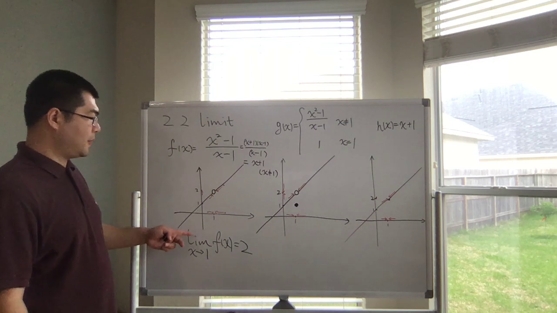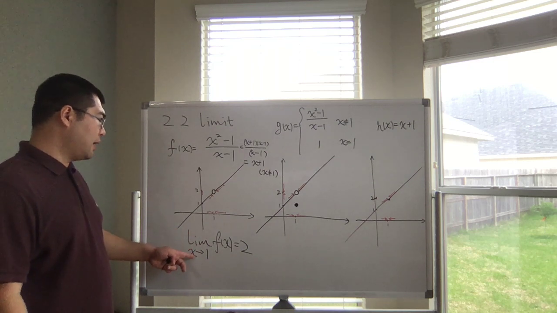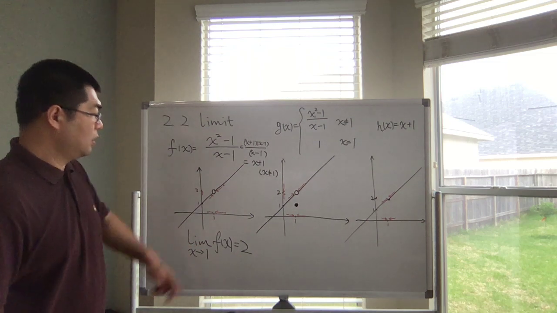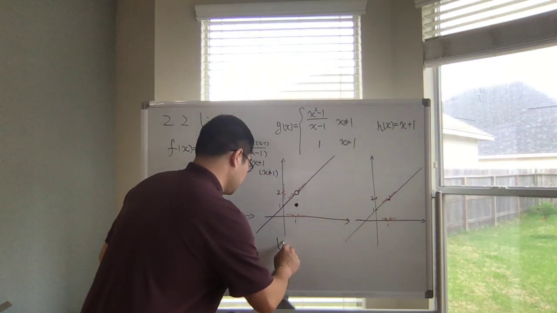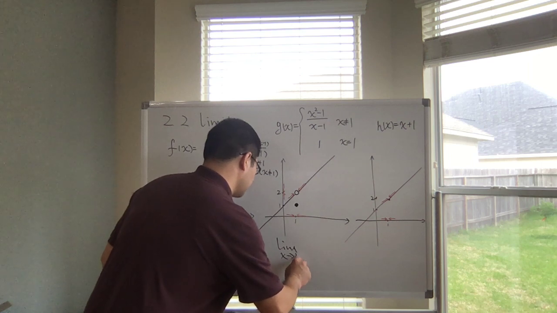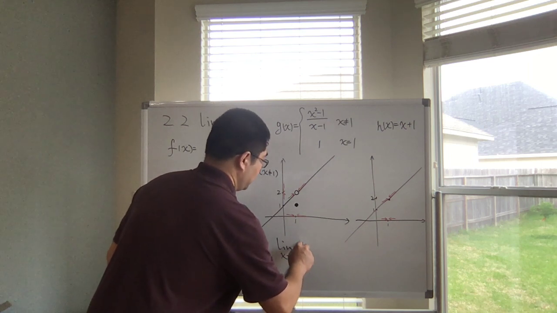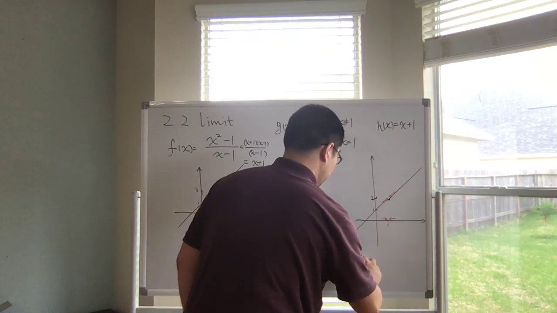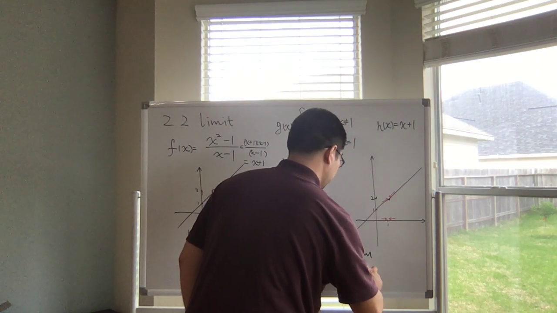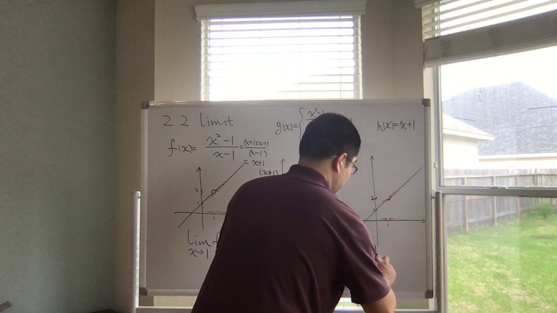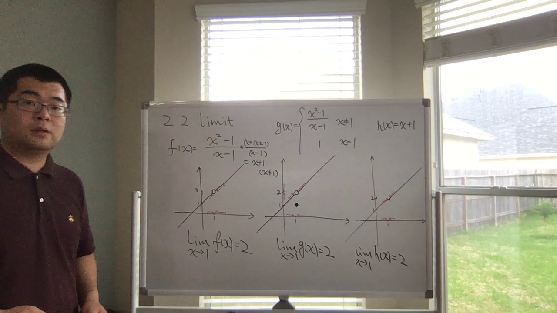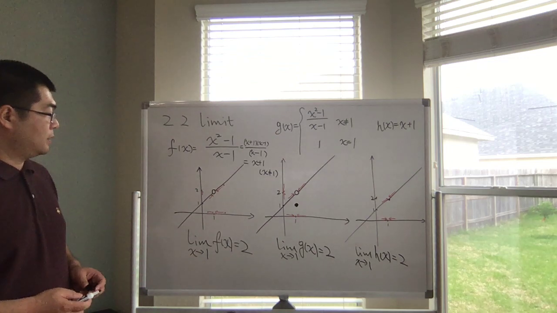And this we describe as the limit as x approaches 1 of f(x) equals 2. We can also see that the limit as x approaches 1 of g(x) also equals 2, right? This one, the limit as x approaches 1 of h(x) also equals 2, right?